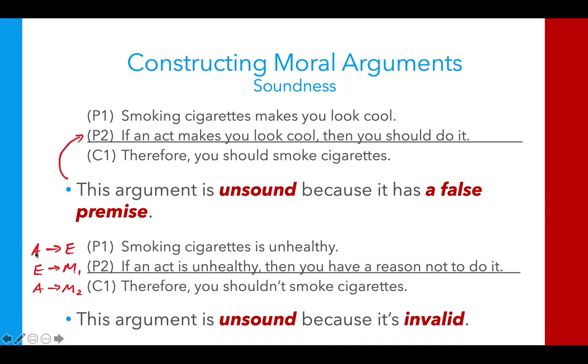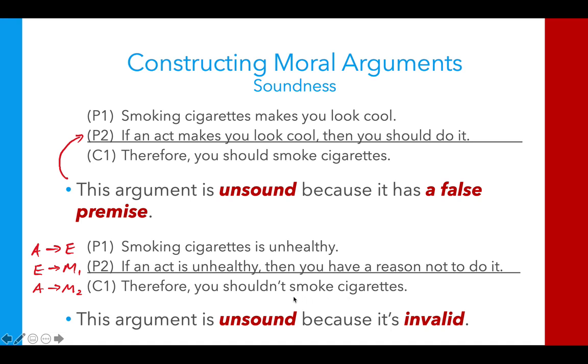And what we'll see in the following videos is that there's something wrong with the structure of this argument. Even if the premises are true, they don't guarantee the truth of the conclusion. What we can infer from the premises is that we have a reason not to smoke, but this conclusion goes too far and says you shouldn't smoke.